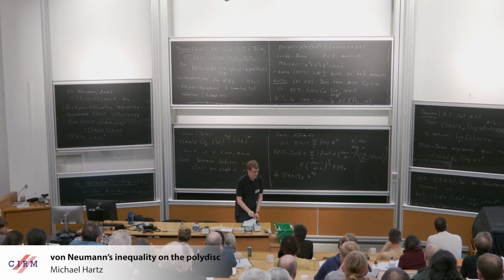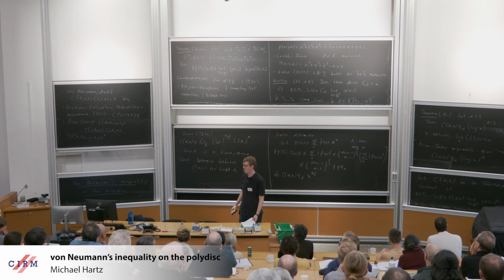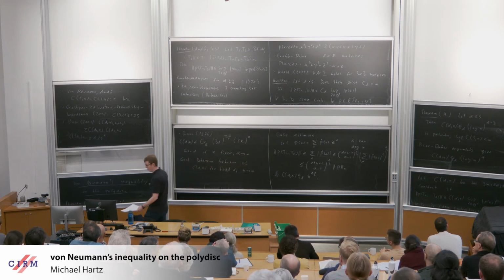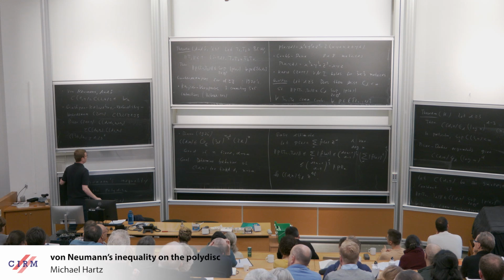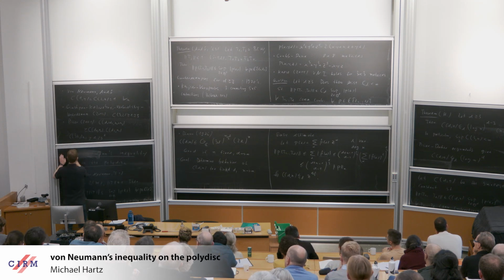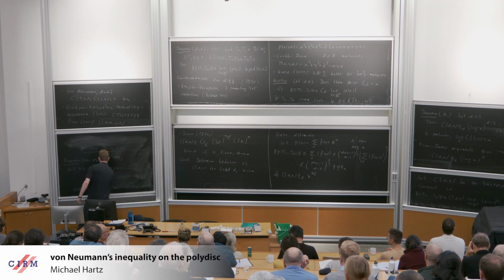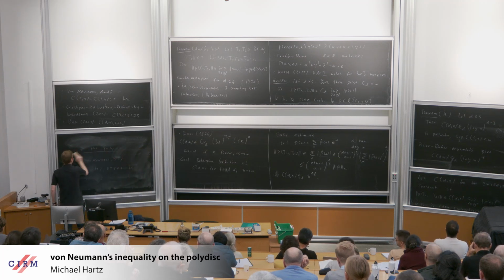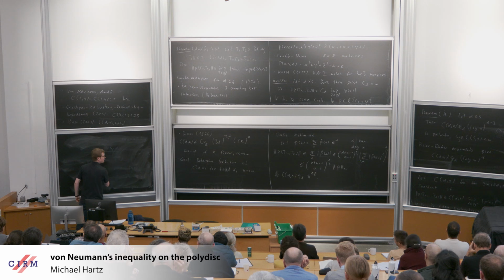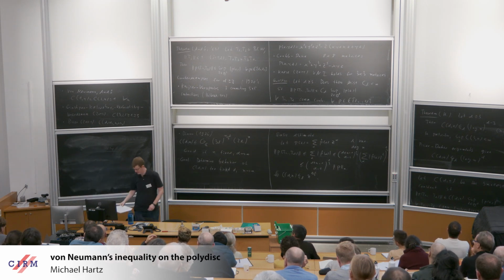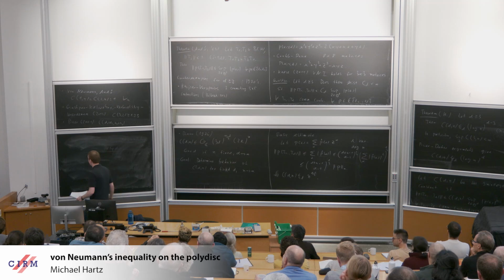Now, not every polynomial is homogeneous. So you could ask what happens for non-homogeneous polynomials, or also for more general holomorphic functions. There's a version of this, so let me explain that. I need to introduce a little bit of notation to deal with the non-homogeneous case.